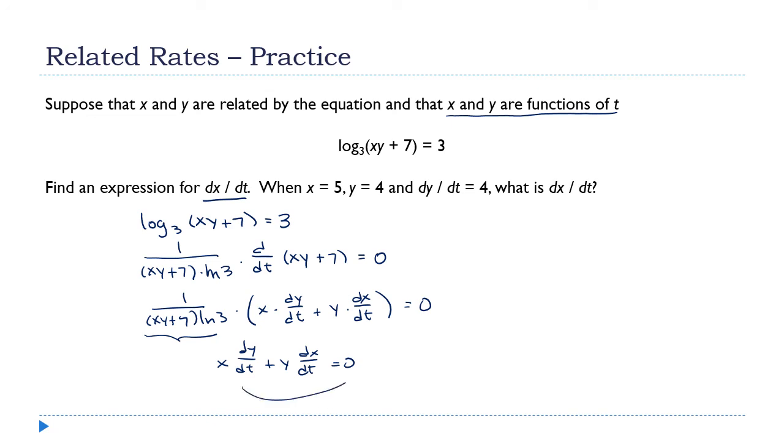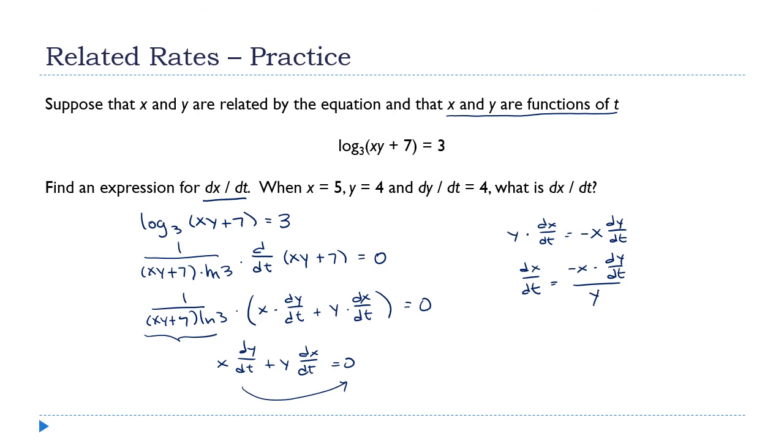So it's the dy/dt part I'm going to move over to the other side. y times dx/dt equals minus x dy/dt, and then divide by y. dx/dt equals minus x dy/dt over y. And that's it. That's what dx/dt equals.